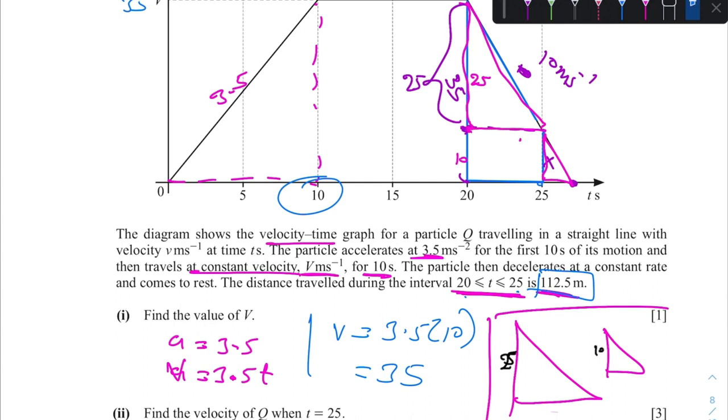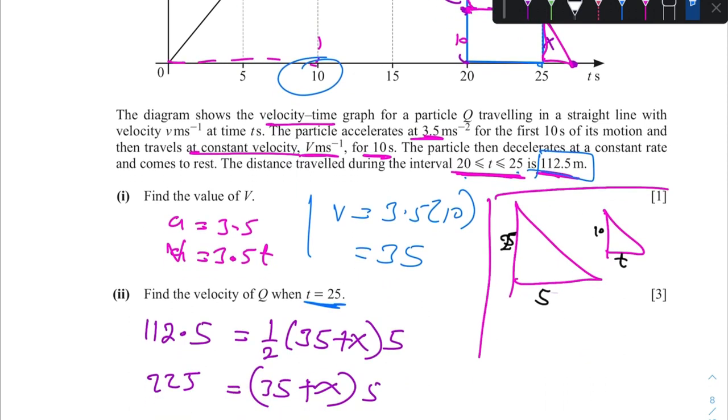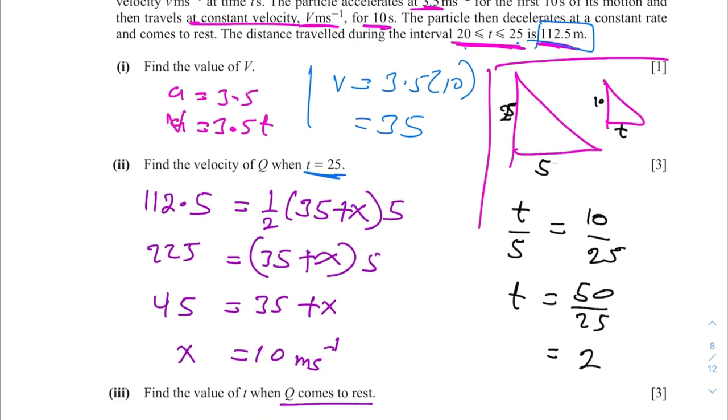From the bigger triangle, this side is 5. From the smaller triangle, we don't know, we call it T. So what would similarity say? Similarity says that T over 5 is equal to 10 over 25. So T is equal to 50 over 25, giving us a value of 2.